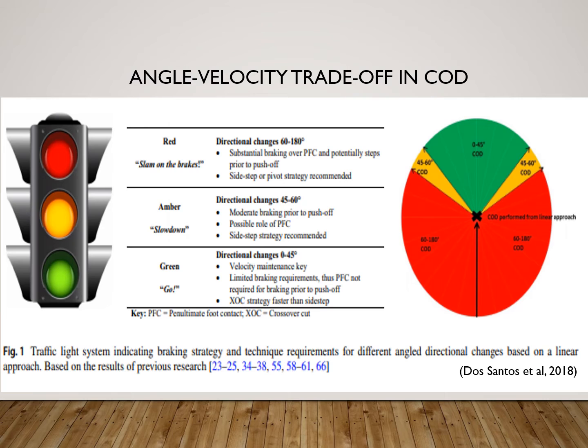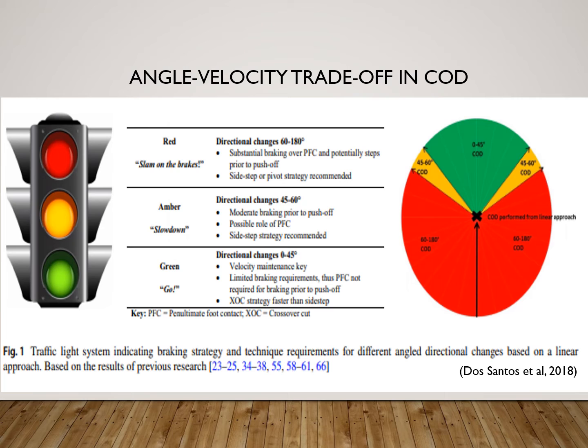And again, just to recap, we can see that there's a significant impact from the change of direction scale, okay, and the amount of braking required. So the greater the angle of directional change, so once it's over 60 degrees, we're going to see a substantial increase in the braking requirements, therefore a much greater eccentric demand with an increase in change of direction.